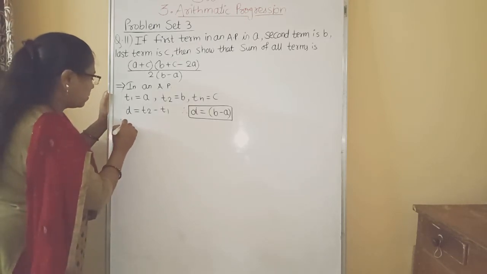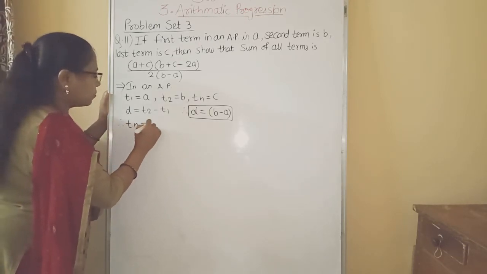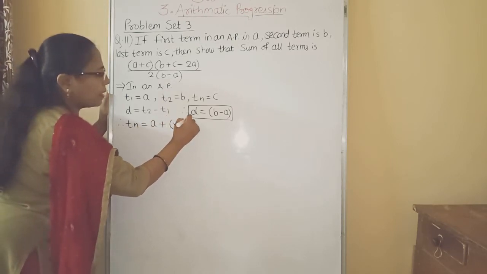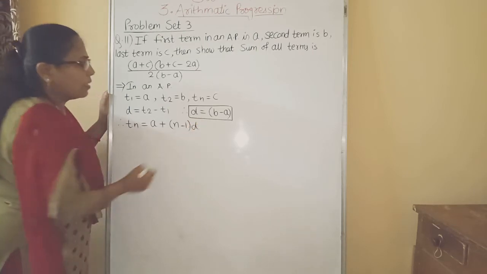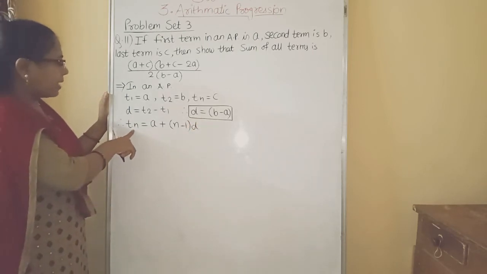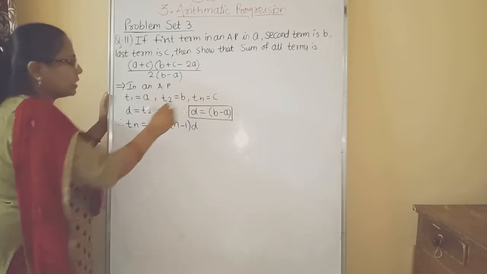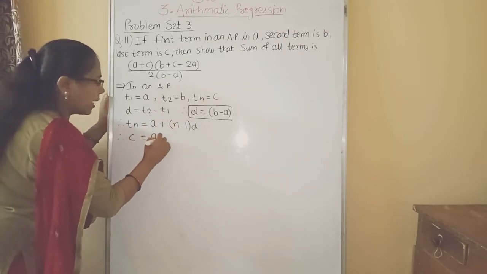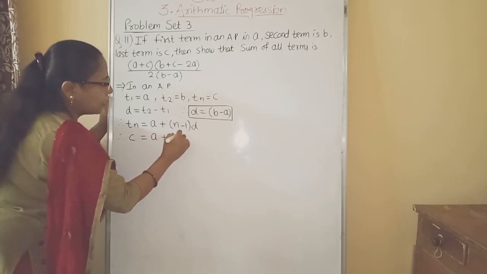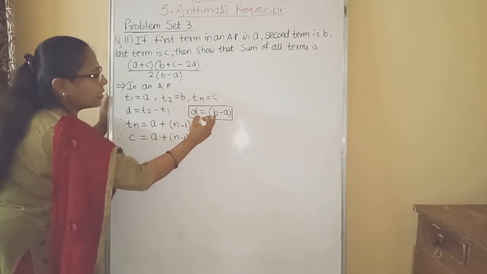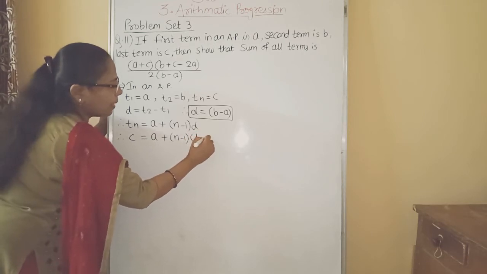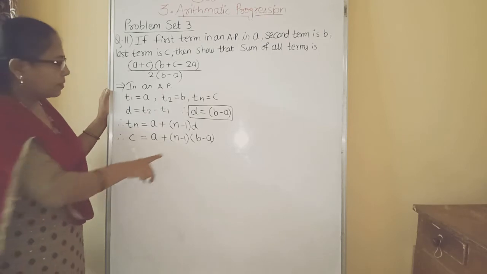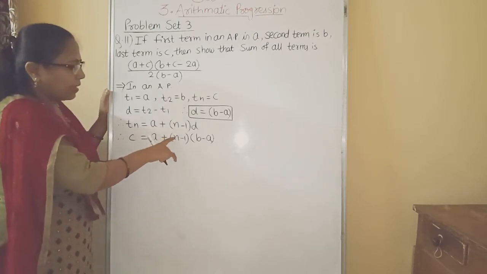Tn is equal to A plus (n minus 1) into d. Now this nth term is given, how much? C. So C is equal to A plus (n minus 1) and d, which we got as B minus A. Now we have to find this n.